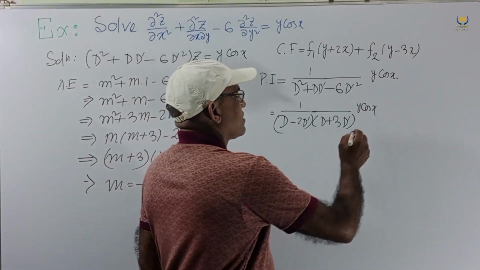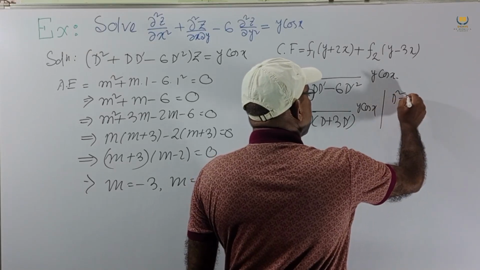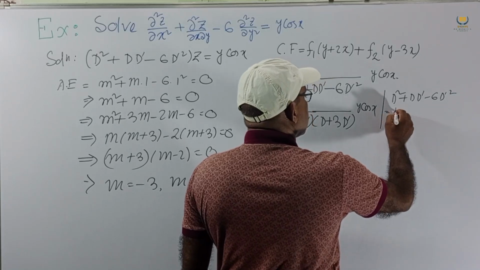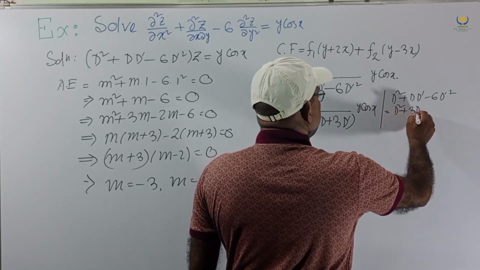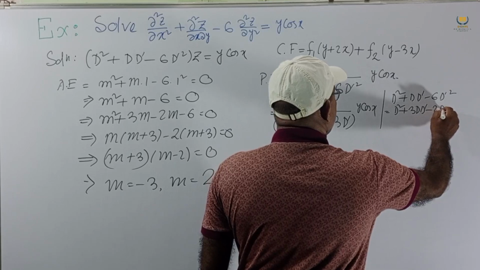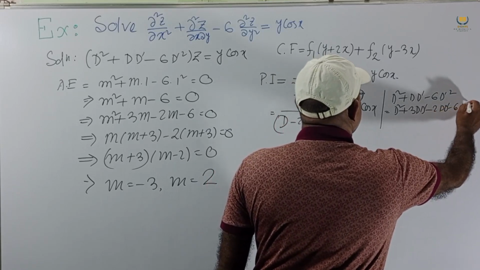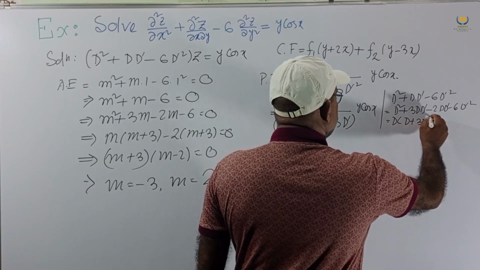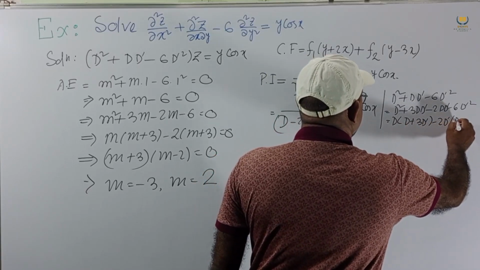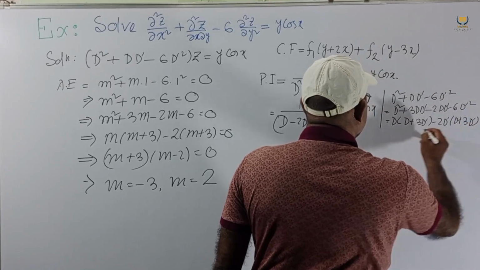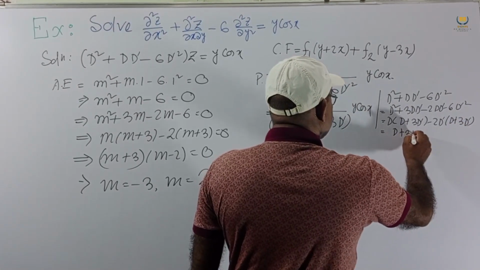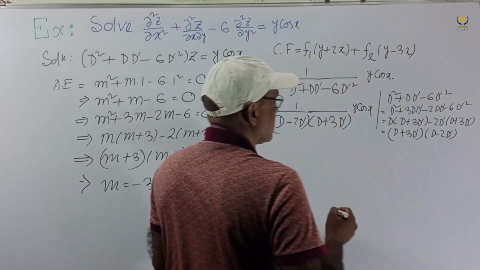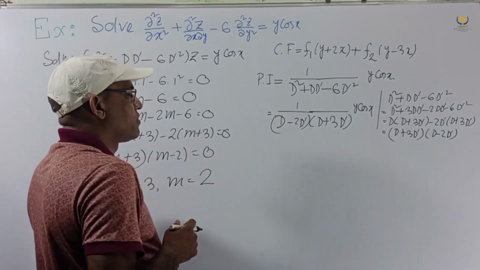You can check here also: D²D' - 6D'² is D² + 3DD' - 2DD' - 6D'². D is common, D + 3D'; 2D' common, D + 3D'. So D + 3D' and (D - 2D'). We get this.